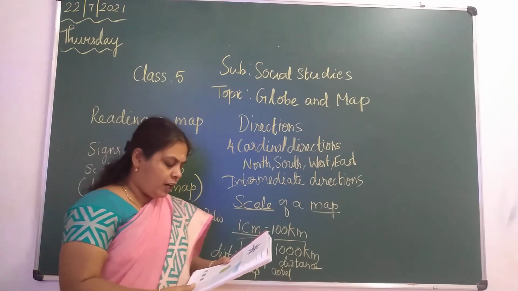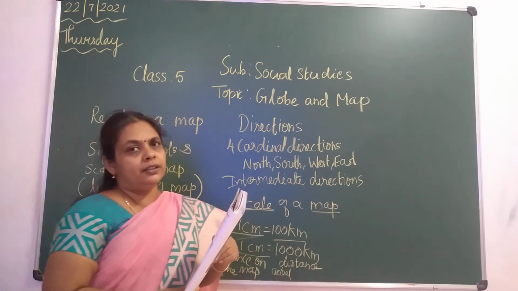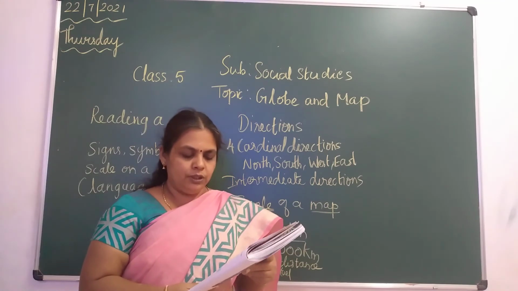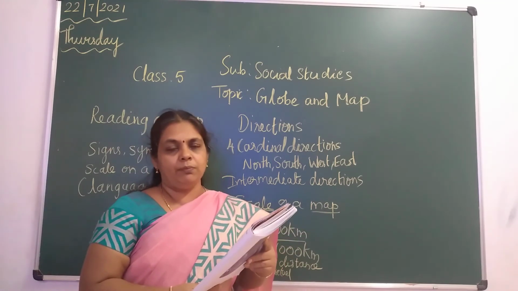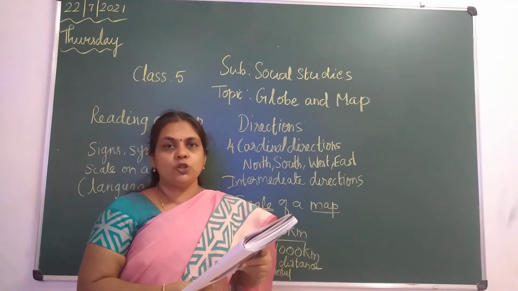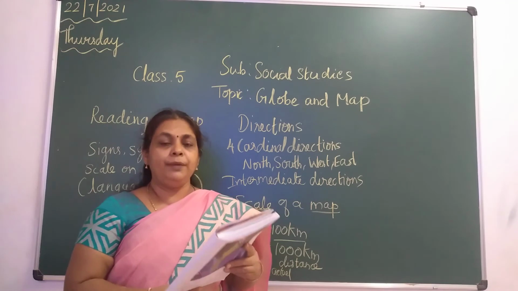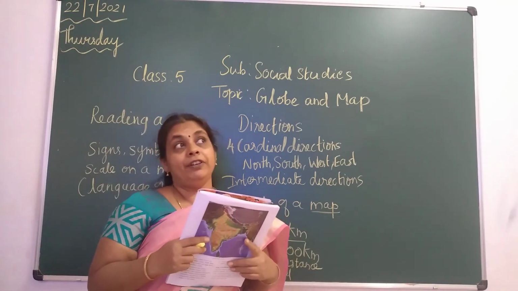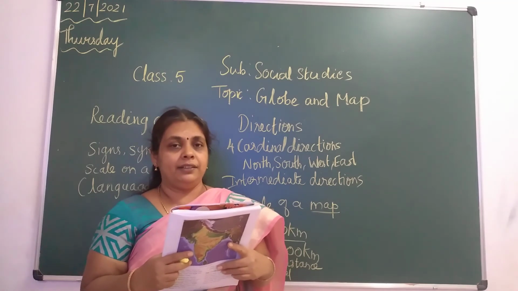The next one, do you know, children, the oldest known map is found in a cave complex in France, children. Have you heard about the pole star, children? It is always in the northern side.